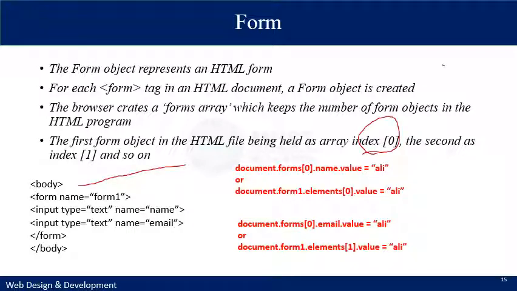So you can access it using document.forms and then specify which form you are accessing. For example, the first form is indexed at 0 and then you specify the name.value to anything, and then you can access element 0 and then specify the element's value, etc.